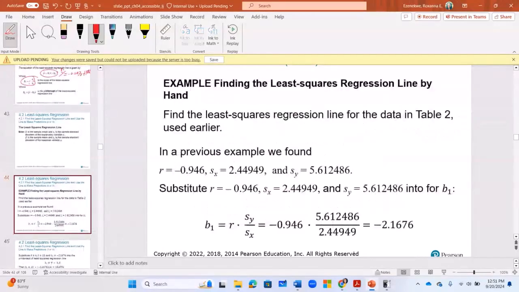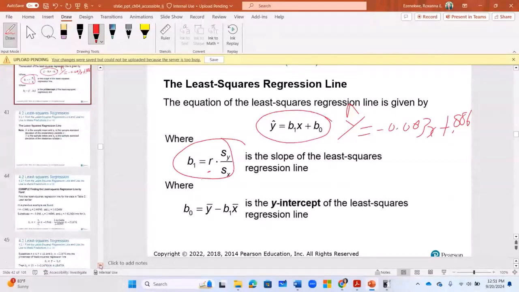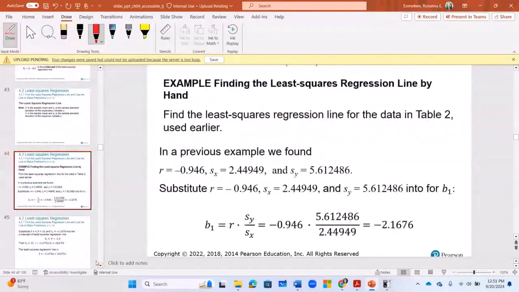The formula will be given to you anyway, and the formula sheet maybe will be there. I'll give you a formula sheet. And by the way, the formula sheet is in Blackboard, so when you're taking the test, you can use the formula there and plug in as required, as needed.